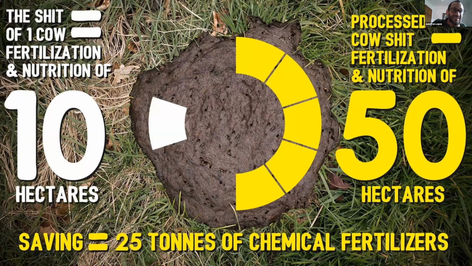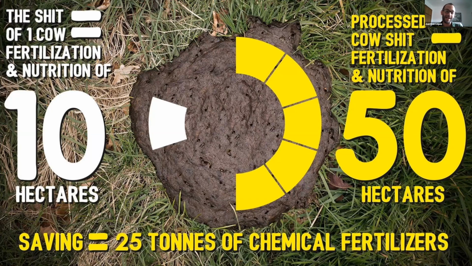On the left, we can see that the manure of one cow can fertilize and nourish 10 hectares. This is through a solid state, through compost or managing through amendments. But if we process that cow's manure through, for example, fermentation, biofertilizer, you can manage even 50 hectares of land.